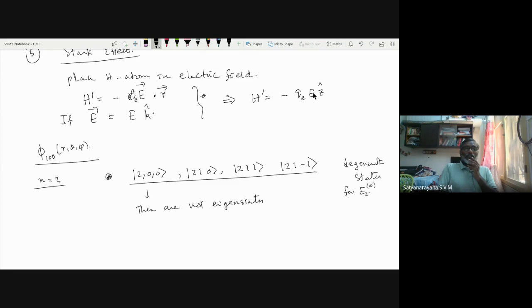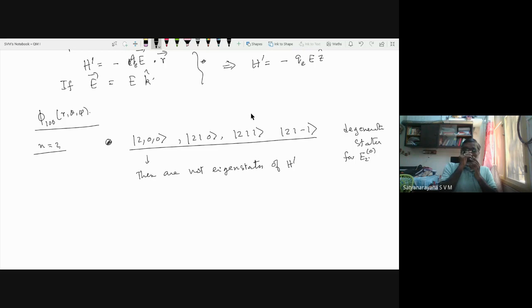As we have seen in degenerate perturbation theory, we should find out the matrix of this H prime in this basis.